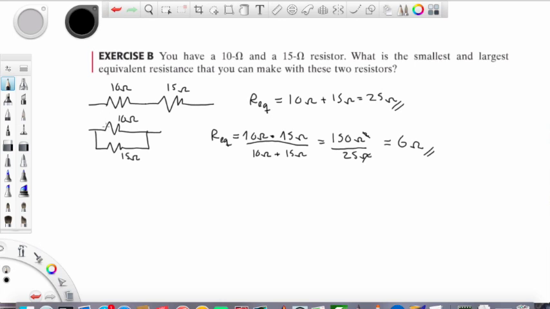And this makes sense. When we have two parallel lines, there's going to be more cross-sectional area for the electrons to flow, so they will see less resistance as a whole.